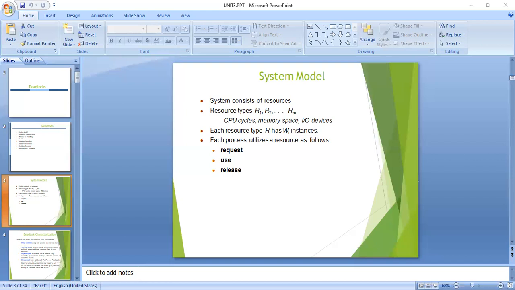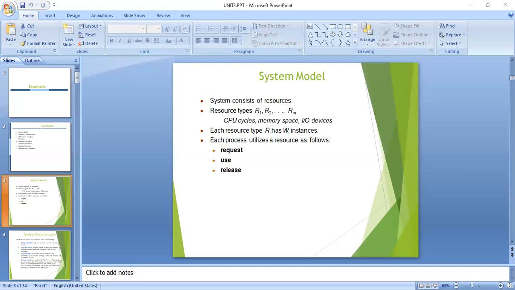The resource has been assigned to that process. In the previous slide also, we have seen that it is called an assignment edge. So Pi requesting an instance of Rj means Pi is requesting, and in the other case the resource is allocated or assigned to the process.